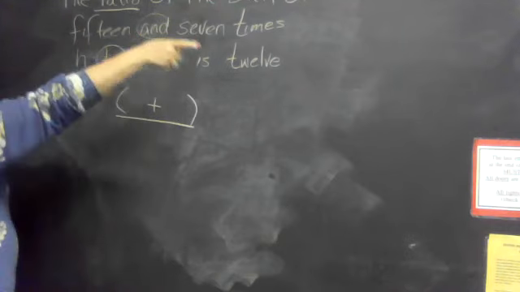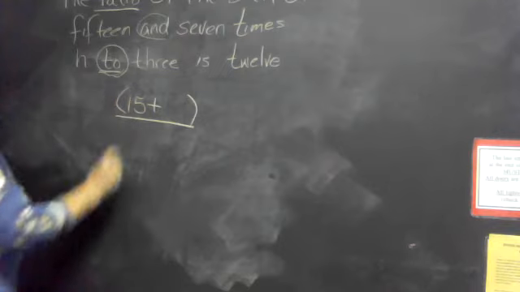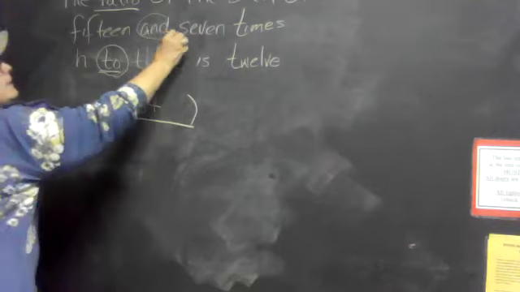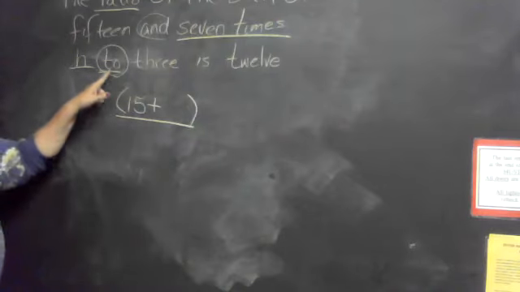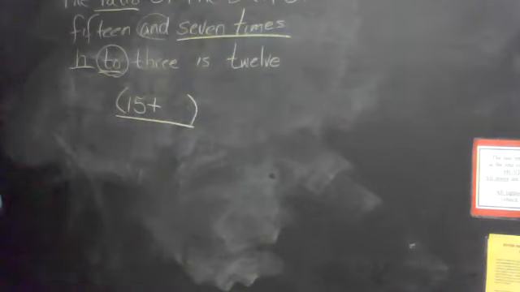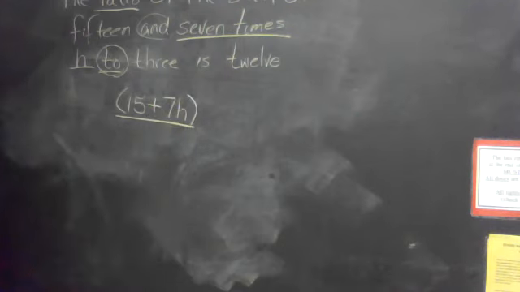So the sum of 15 goes here, and 7 times h, because we haven't gotten here yet, okay? So 7 times h is going to be 7h. Y'all see? Word problems, you just break them apart into little pieces.